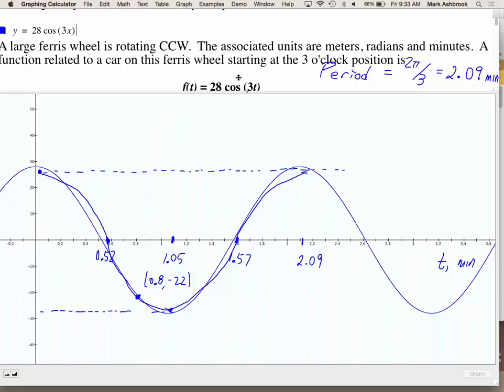What are we tracking with this function? What quantity, if it's cosine? Is that vertical position or horizontal position? Horizontal distance to the right of the vertical diameter, right?